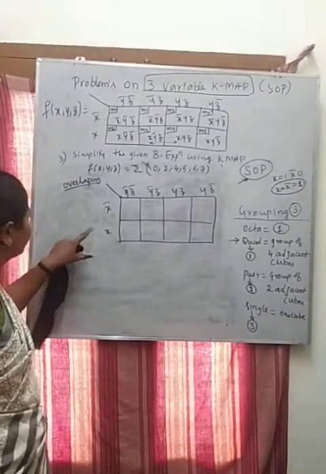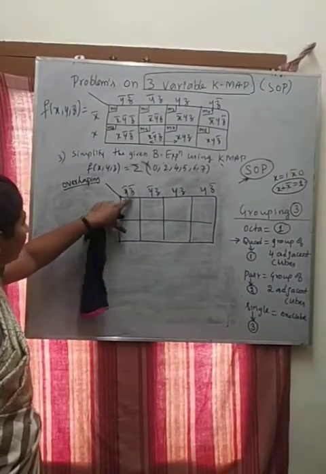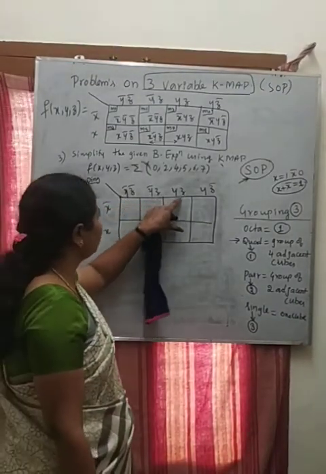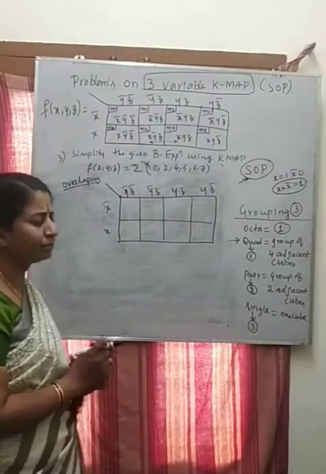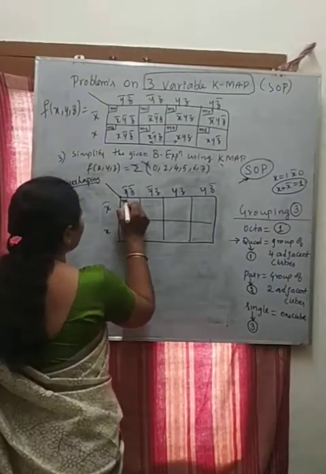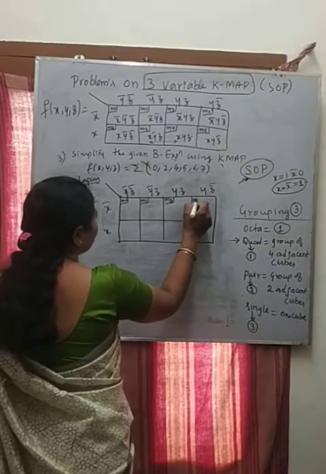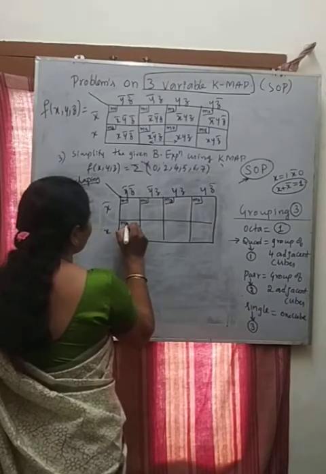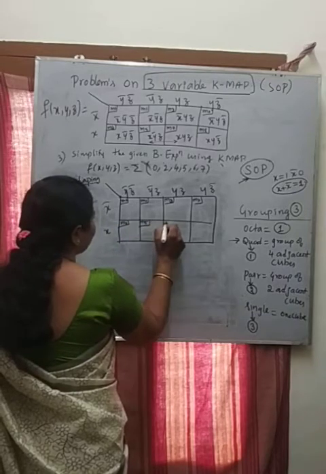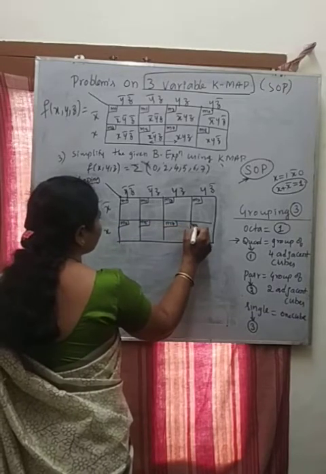If it is AB, this is AA, BC, BC, BC, BC. That's all. M0, M1, M3, M2, M4, M5, M7, M6.